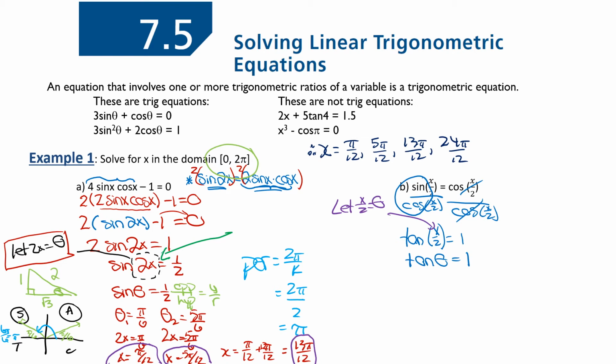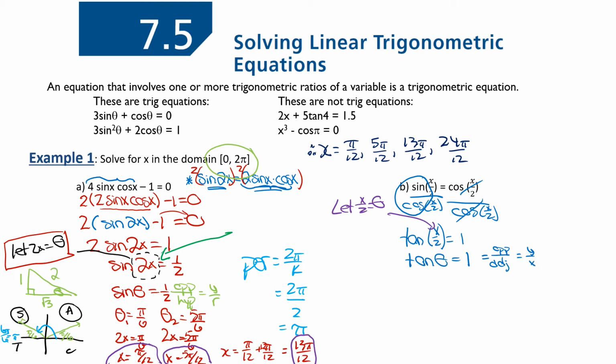Anytime you have a function that's equal to 1 or -1 or 0, it could be on the unit circle. Can you think of when we will get this? So tan is opposite over adjacent. It's also y over x.